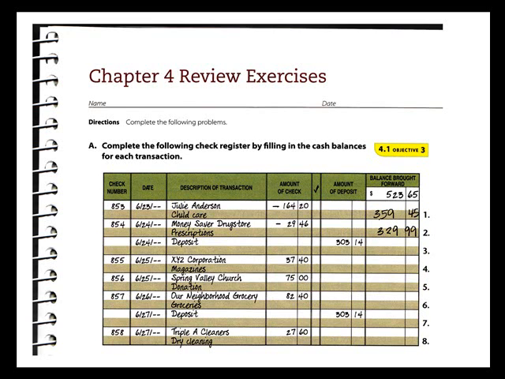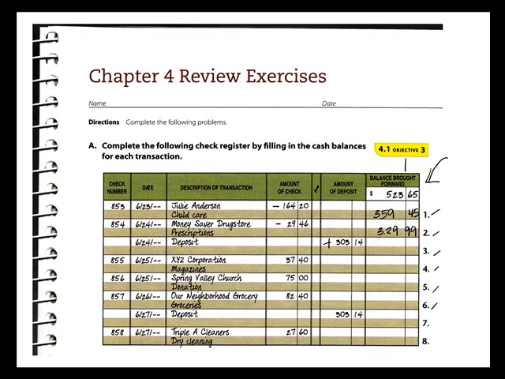Now, by doing it this way, which is not how the book shows you to do it, you always have just your balance in here instead of rewriting the checks. I personally prefer to do it this way and just pull my amounts from here and not rewrite them.